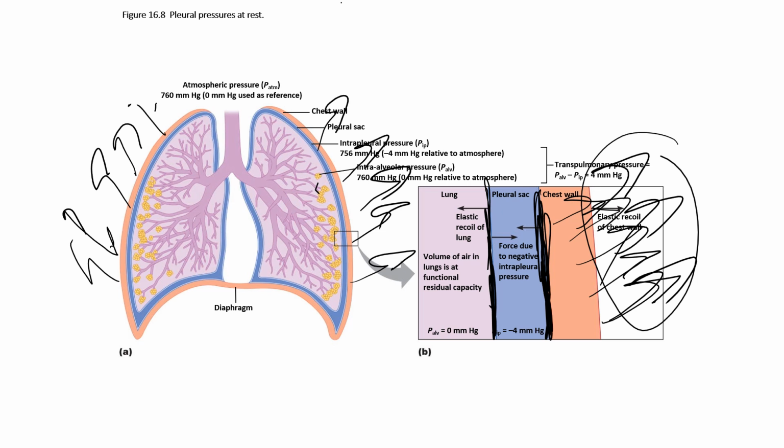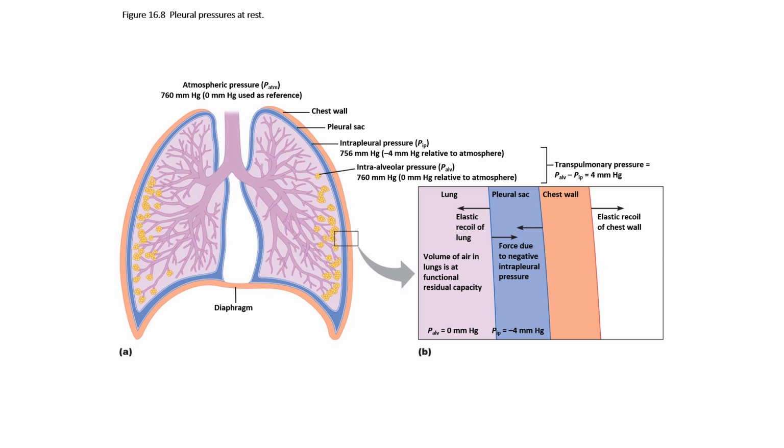Well, if we're inhaling and the chest wall is moving up and out, pulling the parietal pleura further away from the visceral pleura, what's going to happen is the volume of the pleural cavity is going to expand, right? That's the point here: if you pull the parietal pleura further away from the visceral pleura, then the volume of the pleural cavity will expand.